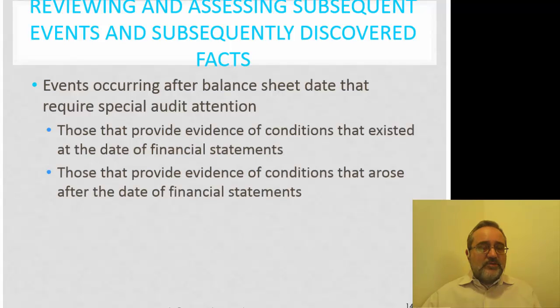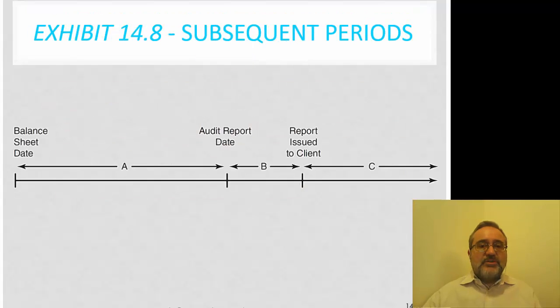Those are two separate terms, and we'll talk about these in a minute. And what we are considering are events that occurred at the end of the financial statement date, but have been clarified, or events that arose after the date of the financial statement.